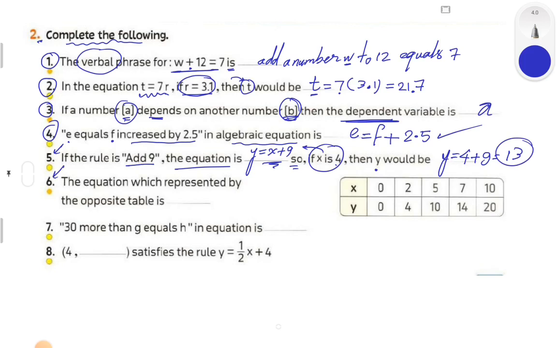Okay, point 6. The equation which is represented by the opposite table is... Now I need to look carefully at this table and think about the relationship between x values and y values. Note with me, 0 and 0, 0 for x and 0 for y.